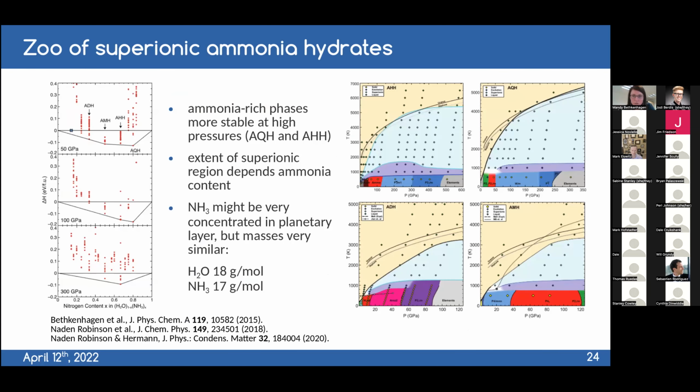You can then also calculate, this was done by Victor Naden Robinson actually in Edinburgh, different phase diagrams for different compositions of water and ammonia. And you can see, if you plot Uranus and Neptune in these diagrams, that the melting line really strongly depends on the ammonia content. So it's really important to determine where exactly in the mantle of Uranus and Neptune ammonia might be enriched. Maybe there's even an ammonia-rich layer.